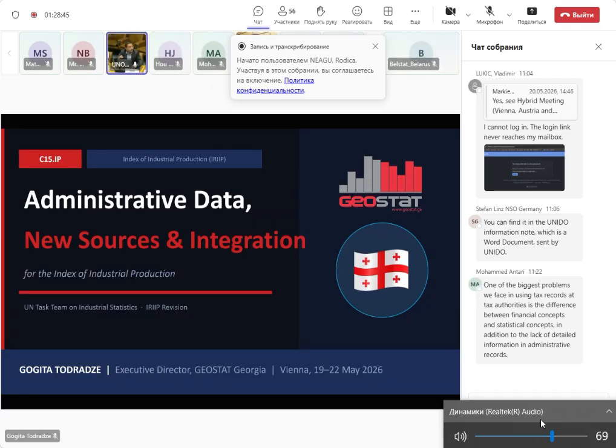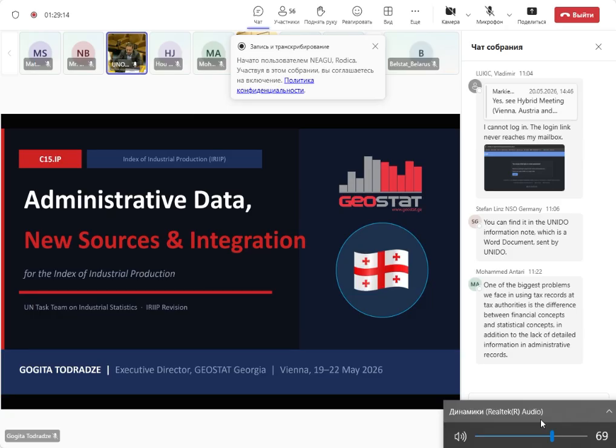Good morning, everyone. Having covered data sources for industrial statistics broadly yesterday, I now turn to a related but distinct challenge: using administrative data and new data sources, specifically for the index of industrial production.